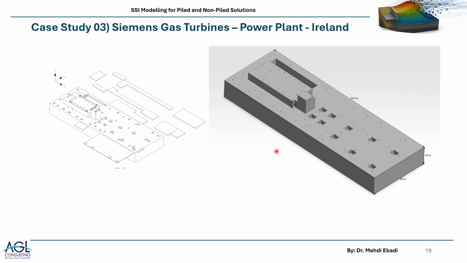So there is a main foundation which you can see we have modeled on the right. This is what we've modeled from this on the right side, and the other elements are not critical because they were not under heavy or dynamic loads.